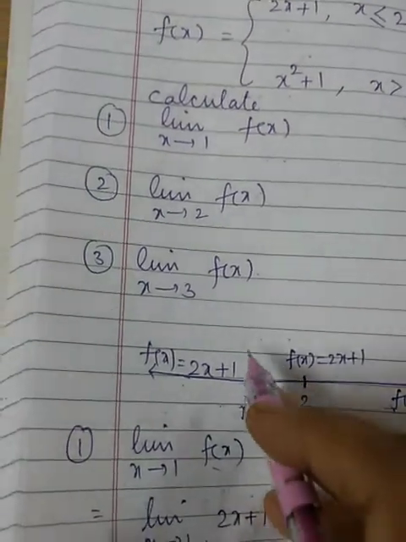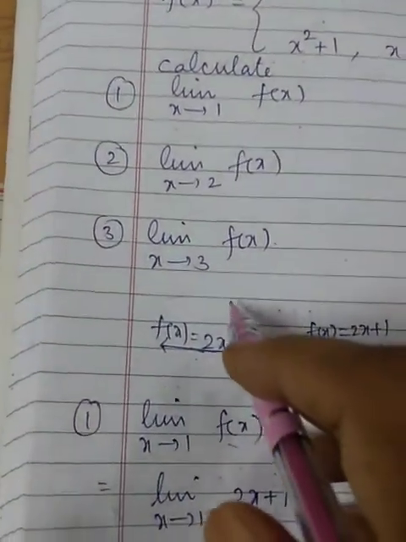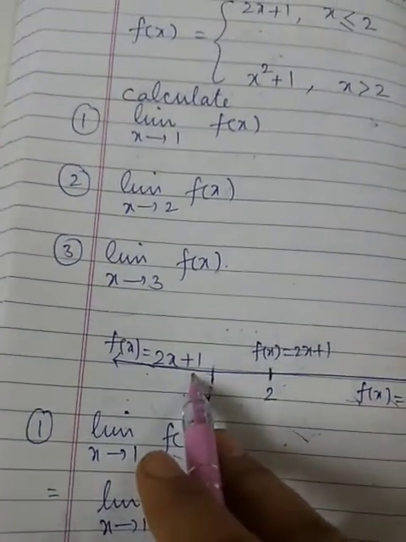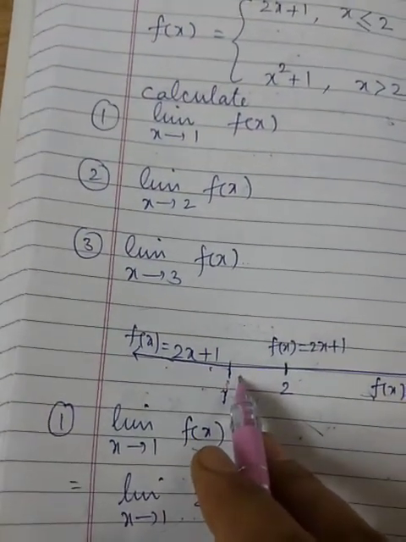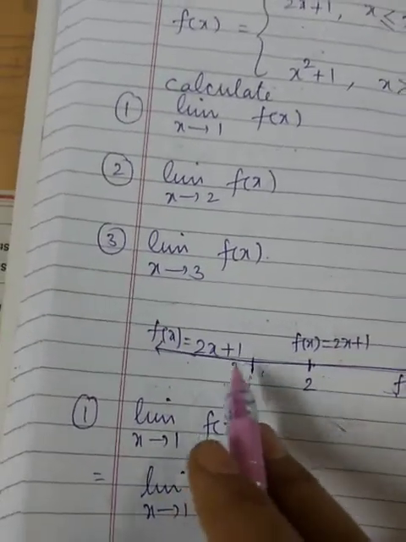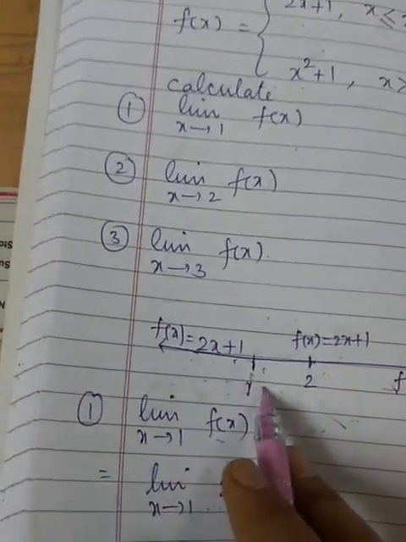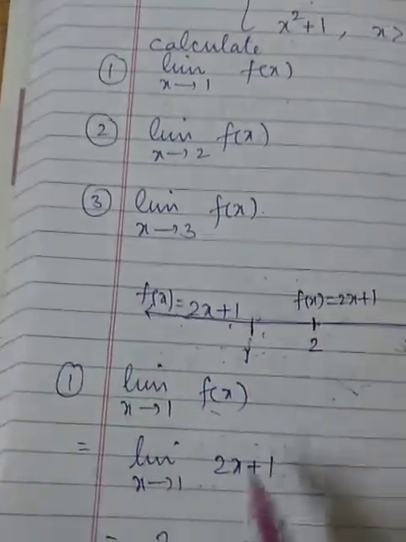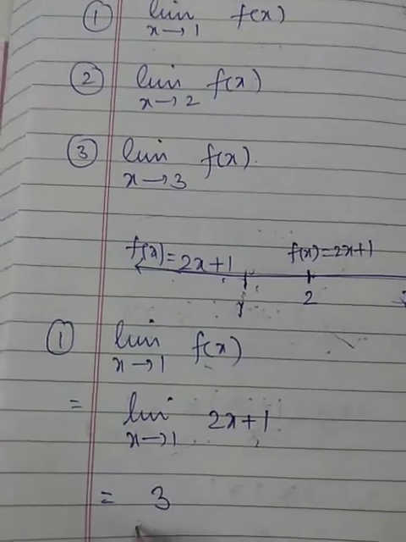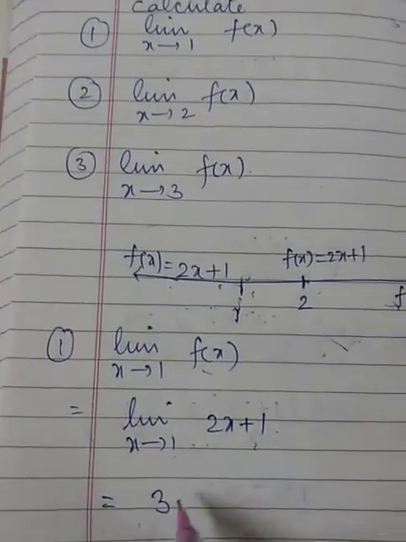At 1 the function f(x) is 2x plus 1. See, the function is changing on the left and right of 2, not on the left and right of 1. So on the left and right of 1, the function is the same. So we directly put the value x equals 1 here and calculate it. The value is 3.